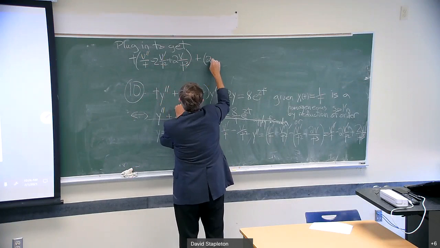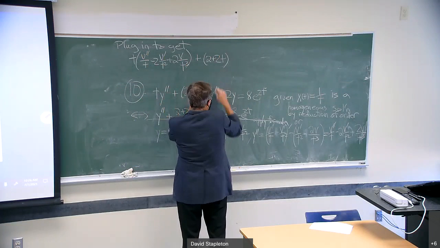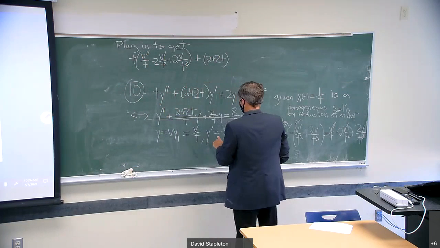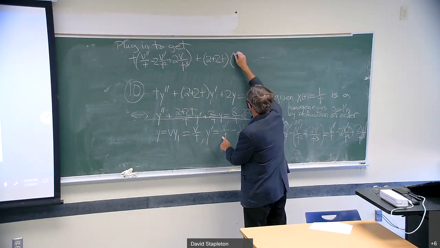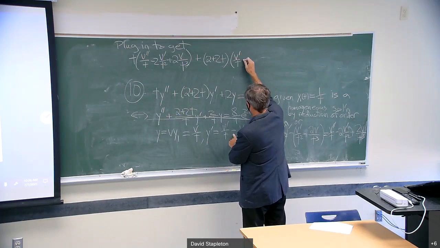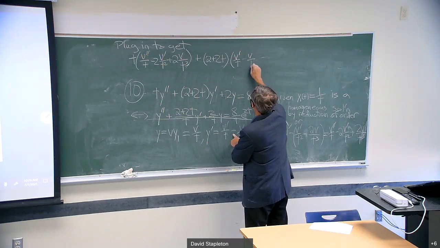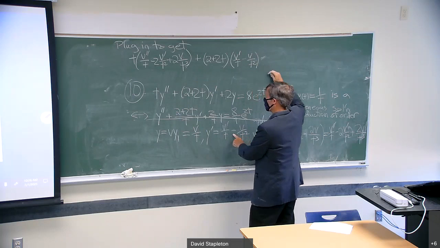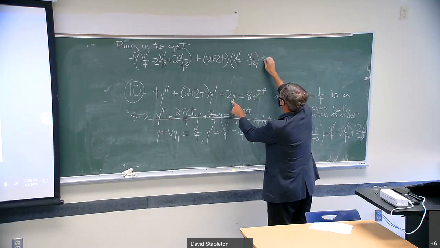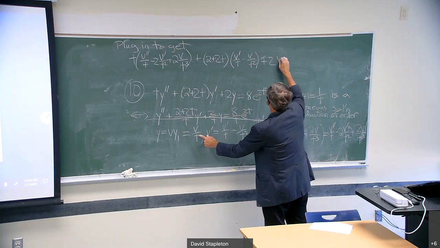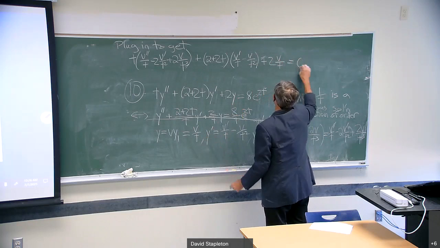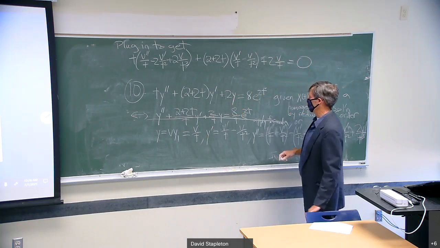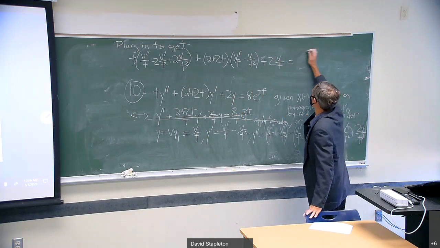Then plus 2 plus 2t times y prime, which is v prime over t minus v over t squared. And then plus 2y, which is 2 times v over t. All equals 0. Not equals 0, equals 8 e to the 2t. This is not homogeneous.